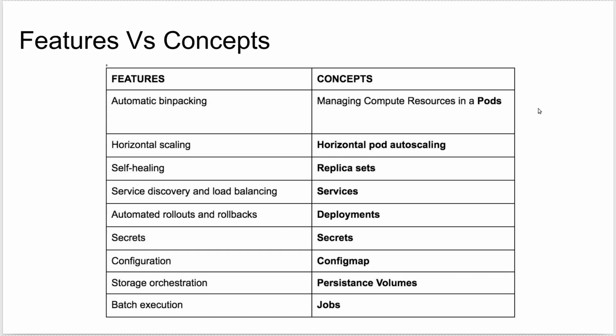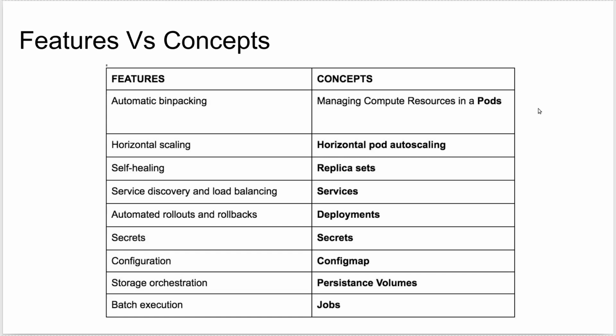We also have self-healing, so we have this concept of replica sets, which pretty much is like when you have your auto-scaling group, you can define minimum, maximum, and desired size. In Kubernetes, with replica sets, you can do kind of the same deal. So you can define how many instances you want to run, and you have this self-healing capability. So if they crash, Kubernetes will boot them up and put them online again for you.